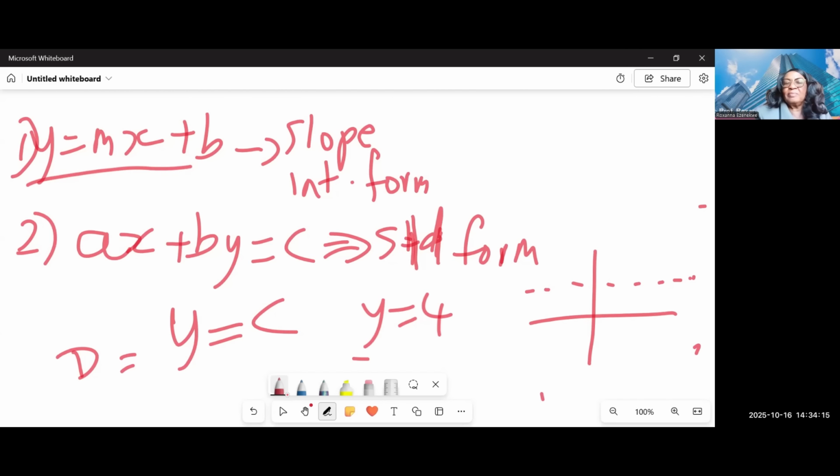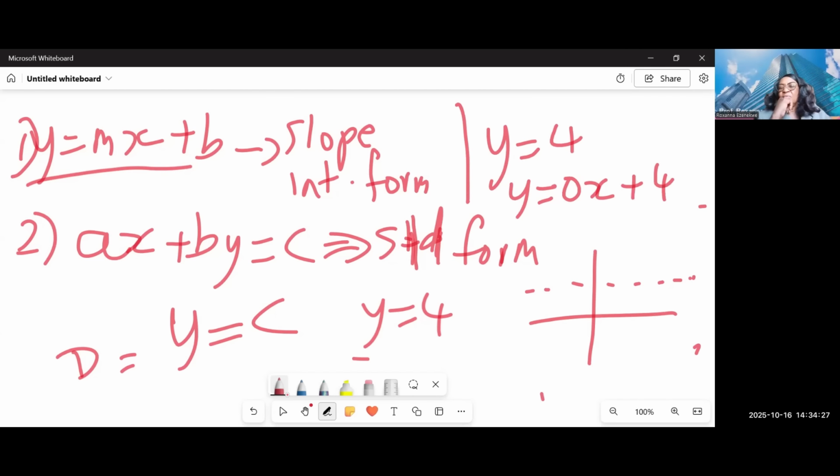So let's rewrite this. Y is equal to 4. Let me rewrite it in slope-intercept form. Y is equal to 0x plus 4. So whenever the slope is 0, we have a horizontal line.